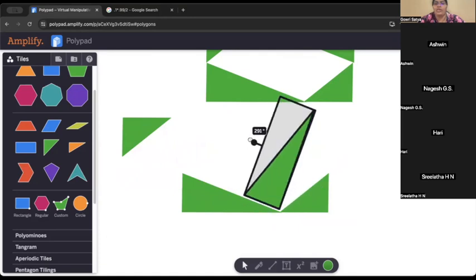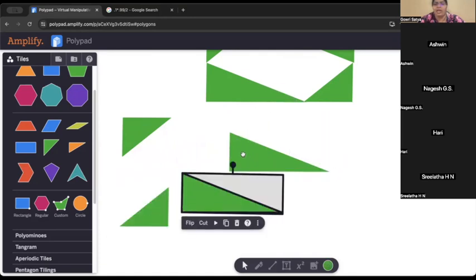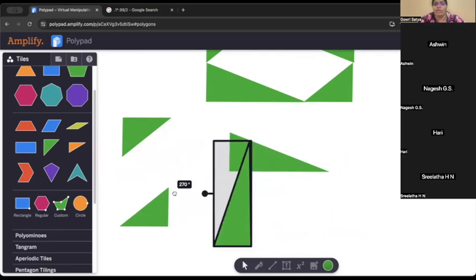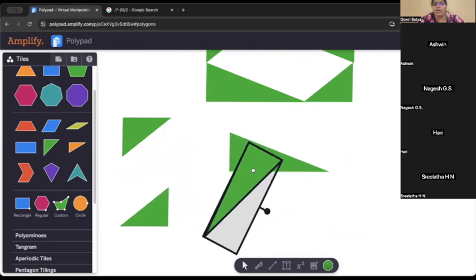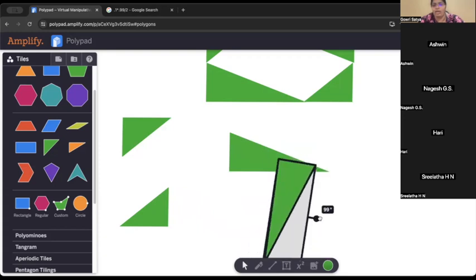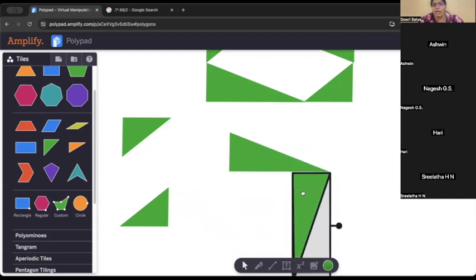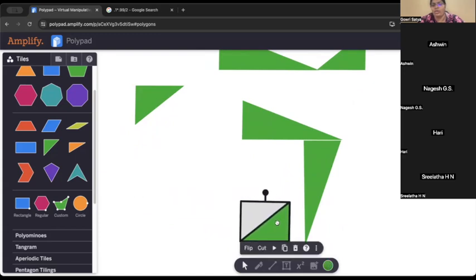So if this is here, then I need to put. Oh, then it won't match, no? No, here also I think big, small will alternate. But then I won't get right angles, no? Yeah, we won't get right angles.